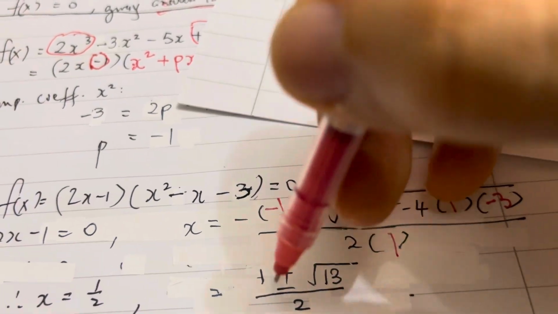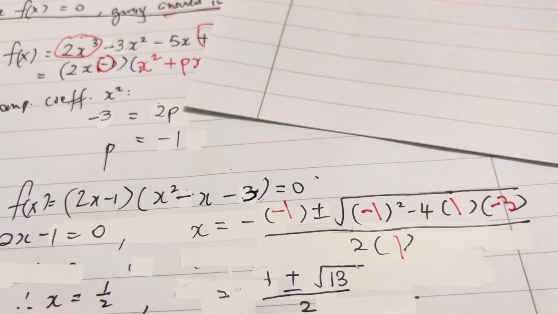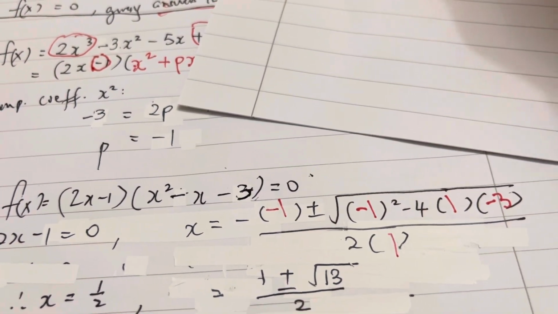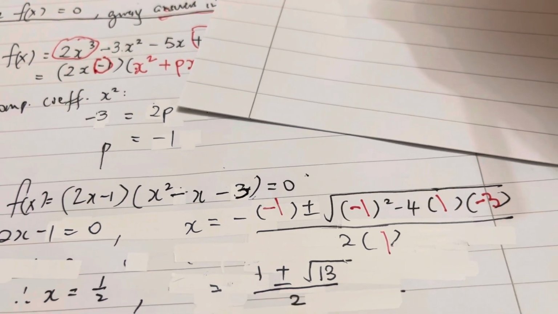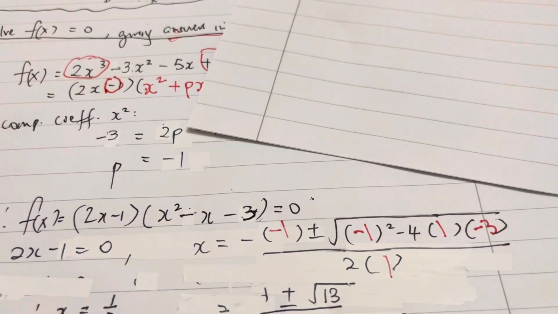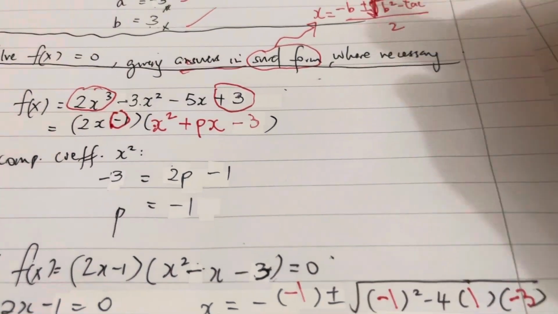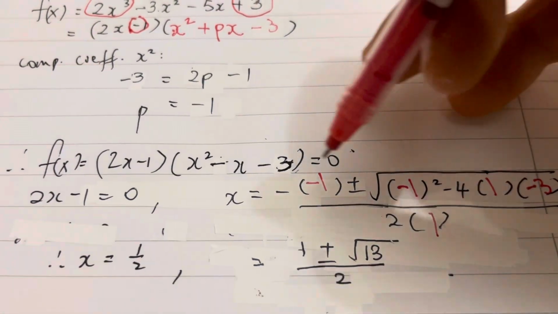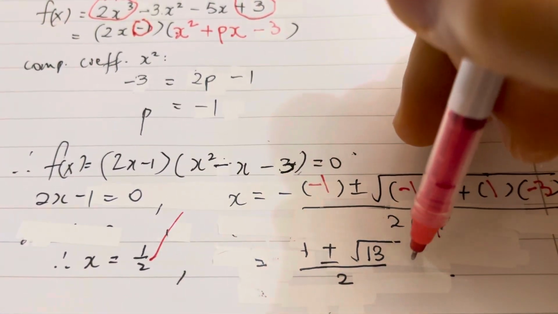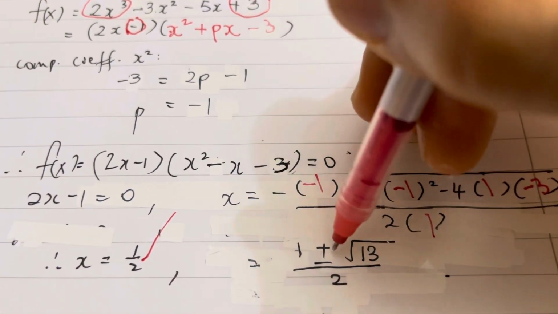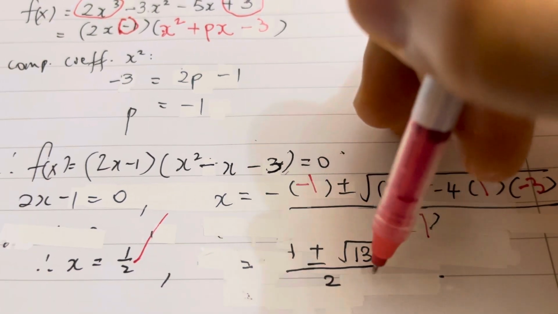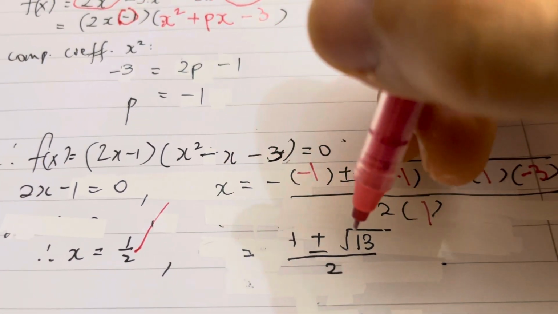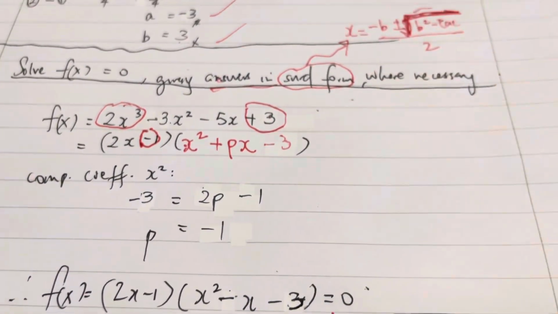And when that happens, of course your answer will not be an exact answer. It will be an answer with a lot of decimal places. That's why they say leave your answer in surd form where necessary. So this is what they mean. So your answer is like that. There are three answers. One is a positive root 13, the other one is a negative root 13. So that concludes this particular question.